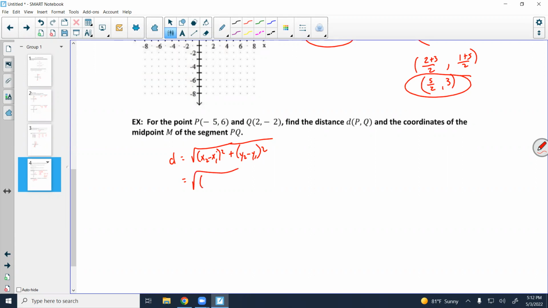Let's go ahead and let this be (x2, y2). I have (2 minus -5) squared plus (-2 minus 6) squared, which gives me 7 squared plus 8 squared, which is 49 plus 64, which is 113.